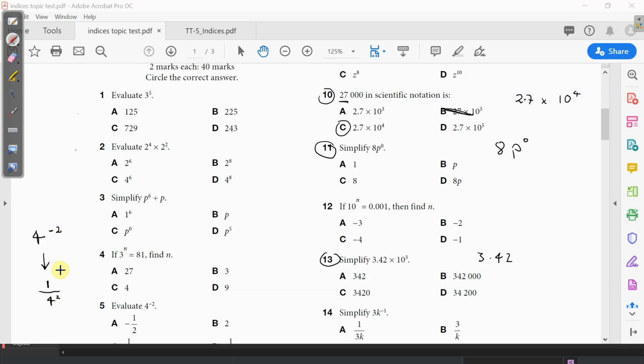When you get a negative indice, it turns into the reciprocal to the power of 2. So 4 to the minus 3 would be 1 over 4 cubed. But for this question, 1 over 4 squared. Okay.